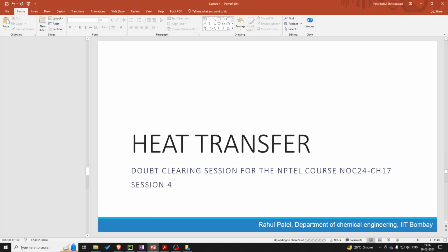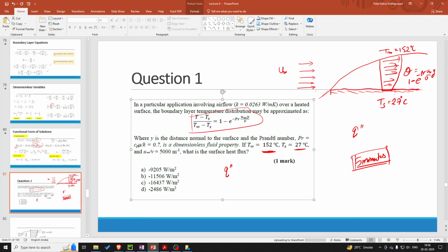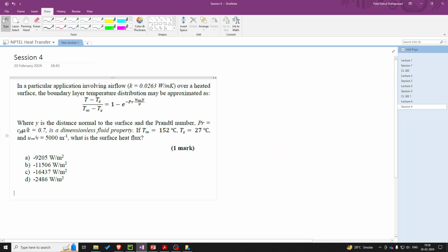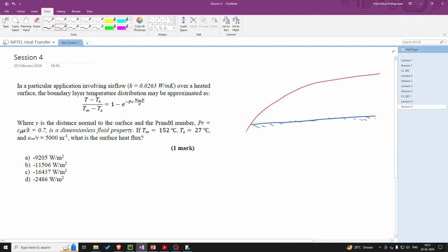So we will start to solve this question. As discussed in the diagram, we have this surface and the fluid or air is flowing through, and then the temperature difference.